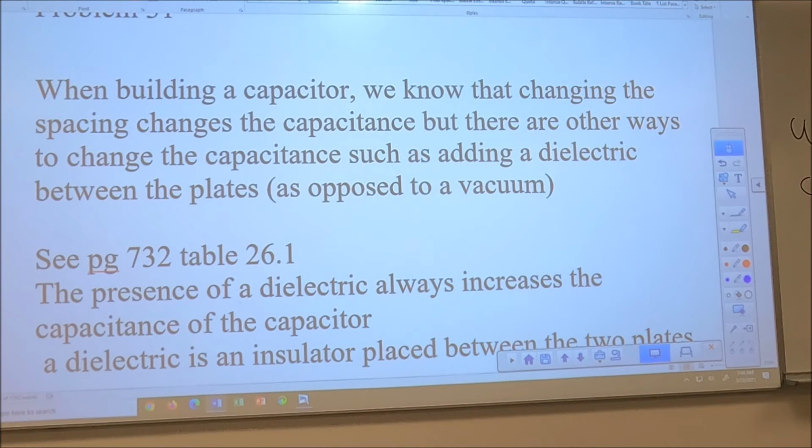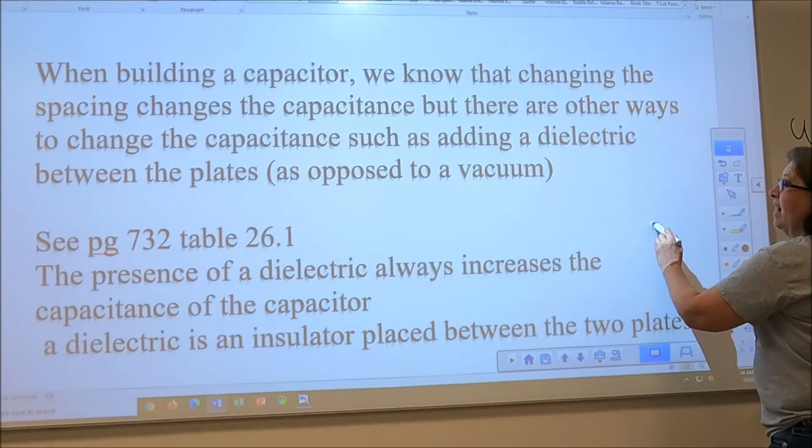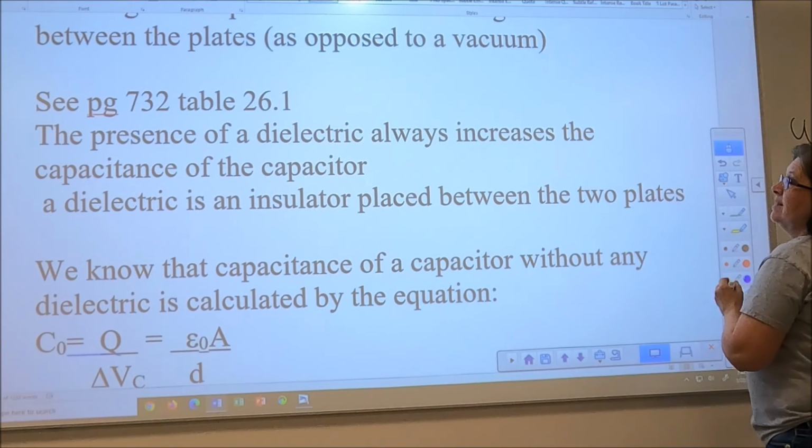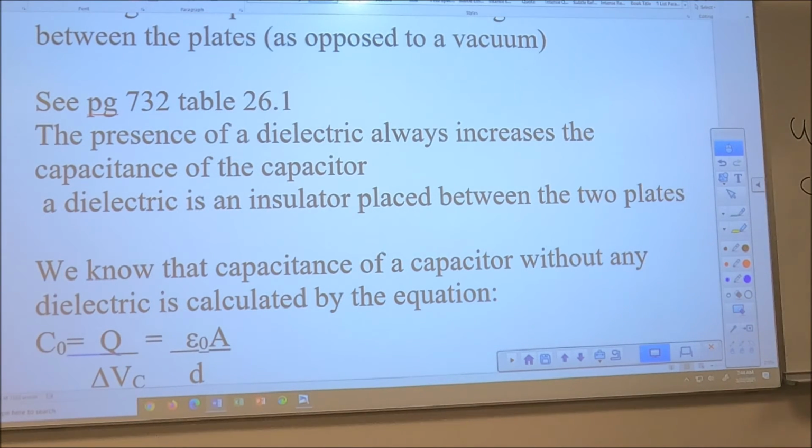And one is to add a dielectric. It's a material that we put between the plates instead of leaving it as a vacuum or empty space. Okay? Now, the presence of a dielectric always increases the capacitance of a capacitor. Okay? A dielectric is an insulator.